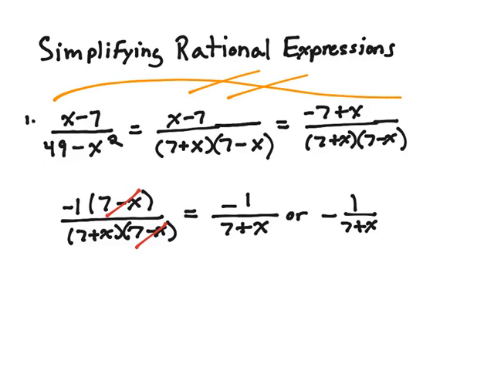So let's do another example. We have 16 minus 2x divided by 7x minus 56. Here these are binomials, and we're going to see if we can have any GCFs that can be factored out.